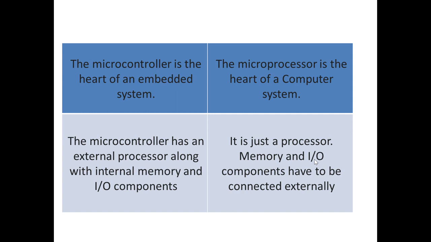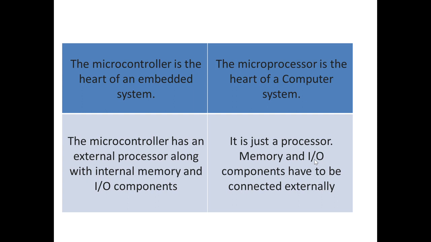There is no need for any external devices to control it. It works by itself. Whereas the microprocessor is the heart of a computer system. We know computers are connected with a mouse, keyboard, a monitor and so on. So the microprocessor is the heart of the computer system, whereas it needs many other components to support it.